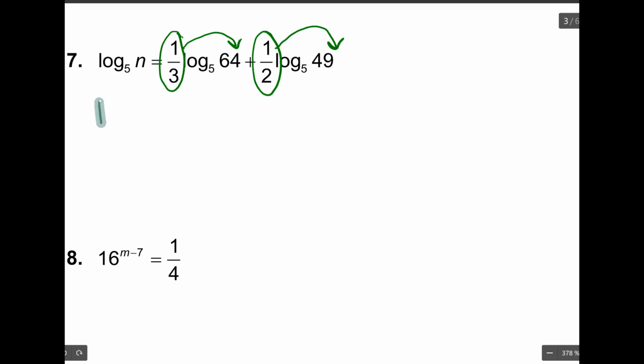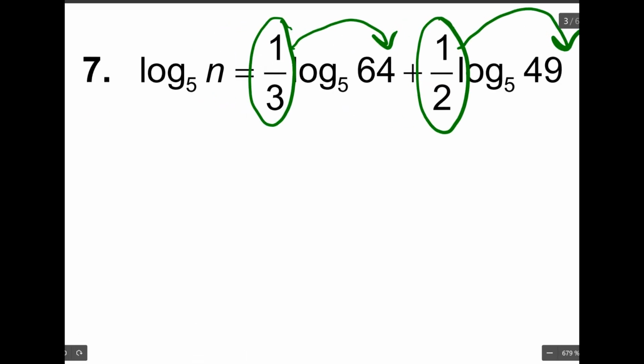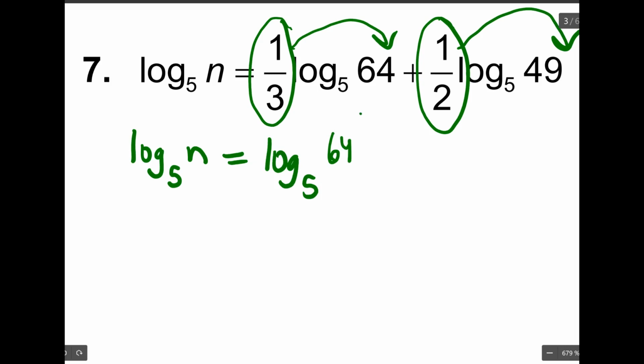I bring them up to be exponents. So I have, let me zoom in, log base 5 of n equals log base 5 of 64 to the 1/3 plus log base 5 of 49 to the 1/2 power.